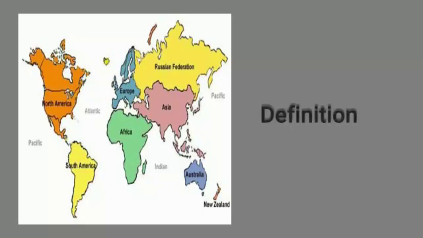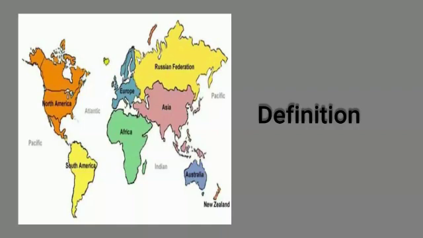A map is a drawing of the whole or a part of the Earth's surface on a flat surface. What does it mean? That means a map is a visual representation of an entire area or a part of an area drawn on a flat surface.